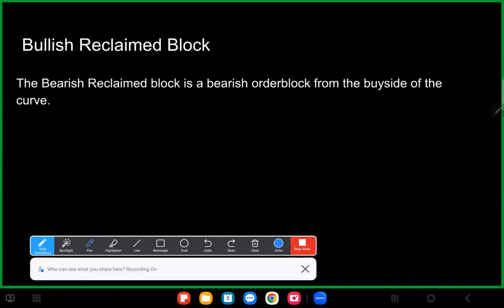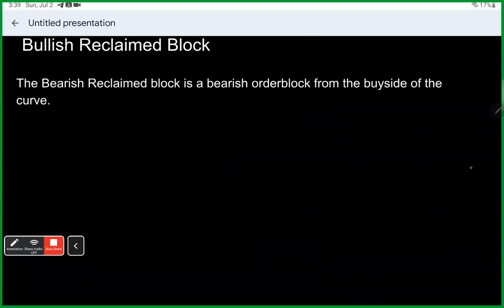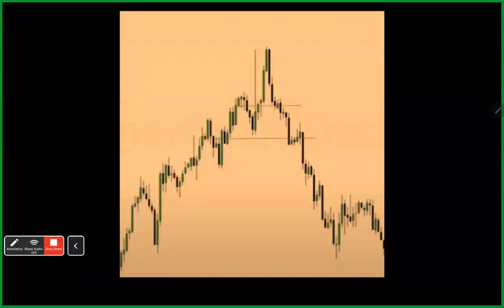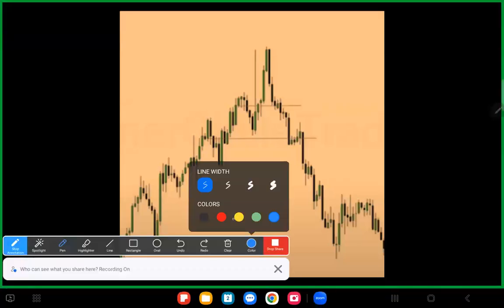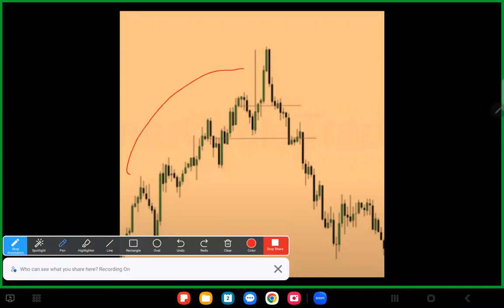Now let's take a look at a live price example of it. So this picture right here, I took straight from ICT's video, but let's study the logic behind what's happening here. So right here, we're clearly on the sell side of the curve. And then over here, we're clearly on the buy side. Oh, whoops. It should be the other way around.